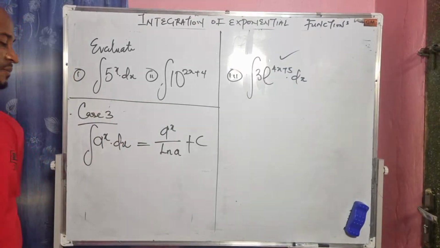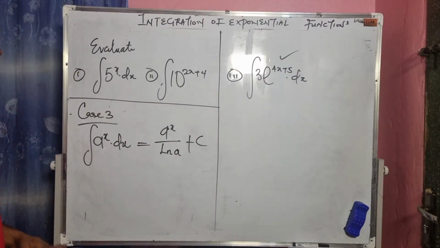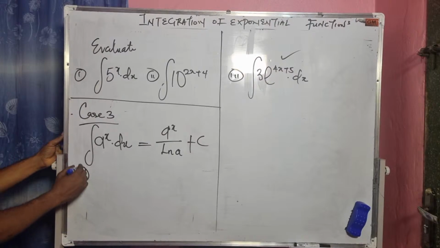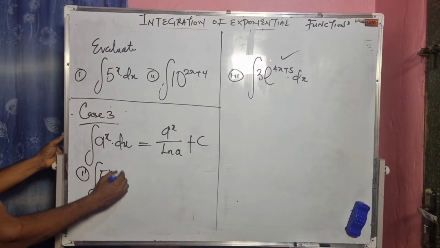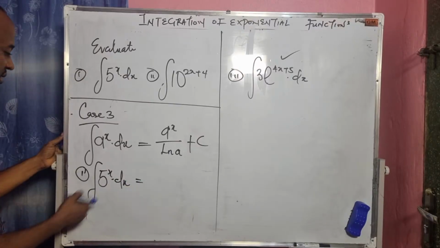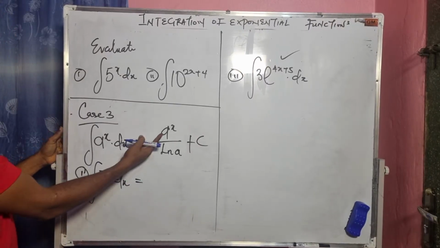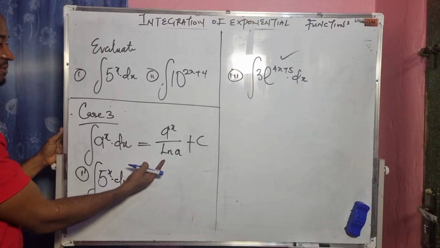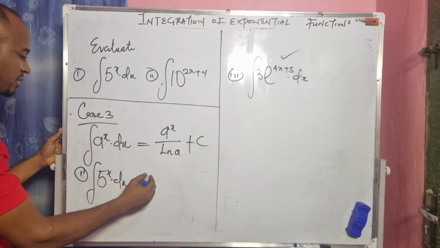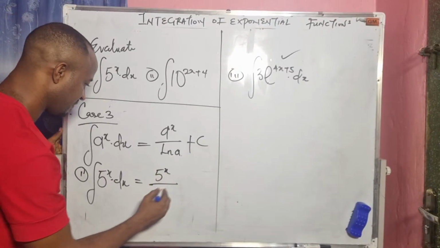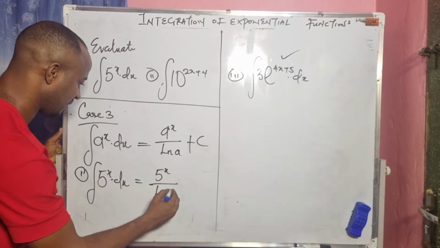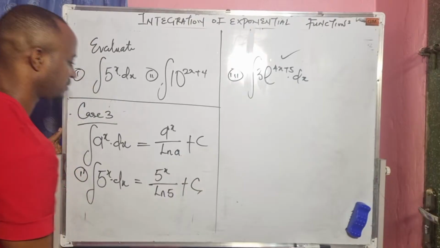Now, if we are given to solve, say, find the integral of 5 to the power of x dx. The rule says a to the power of x divided by ln a. Here it will be 5 to the power of x divided by ln 5, plus c.